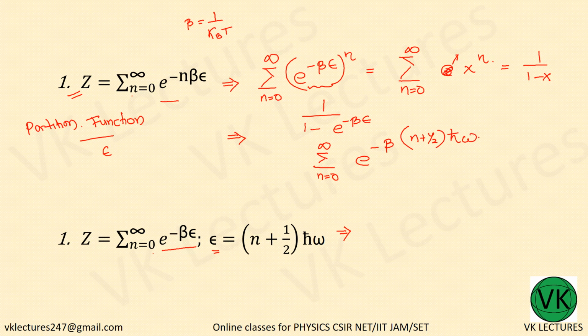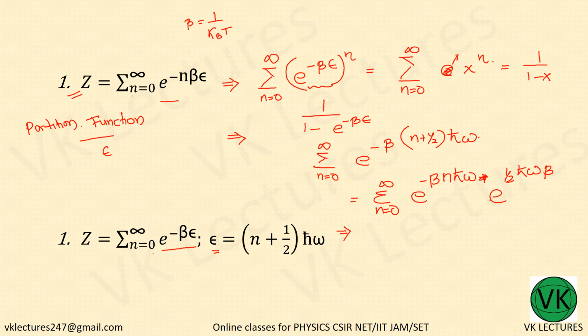Now bring this together. Sum over n equal to 0 to infinity e to the power minus beta n h cross omega, into, instead of plus, I am writing another term, plus half h cross omega times beta. Both terms are included.